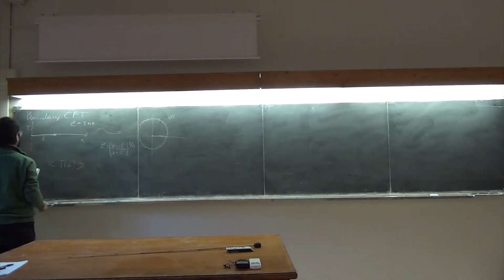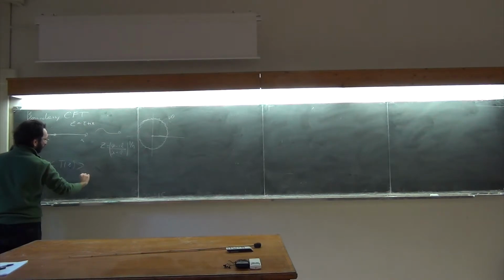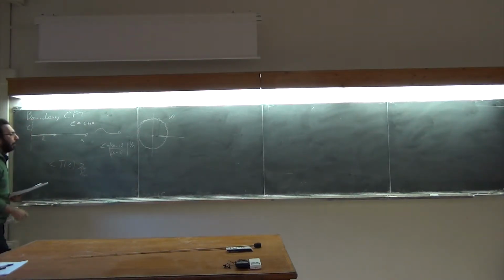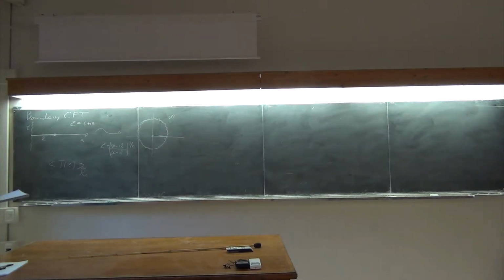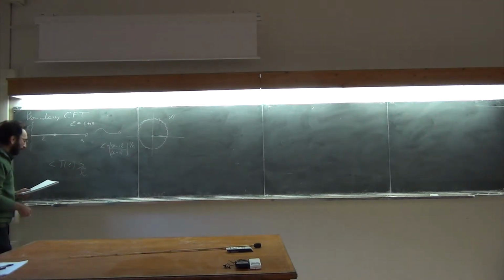Now, if I repeat the game that I've done before, for calculating the expectation value of the stress energy tensor T(W) in this n-sheeted Riemann surface, which is different from the one before, so let me put a tilde to say that it's another one, because it has this boundary here, a boundary that is conformally invariant, whatever this implies.